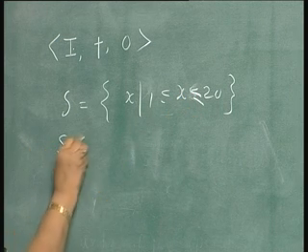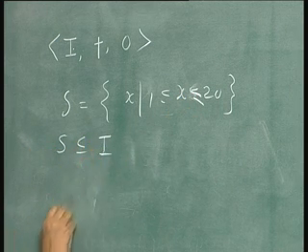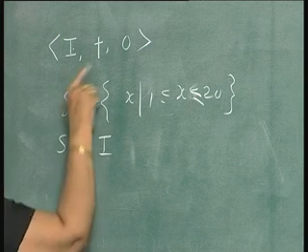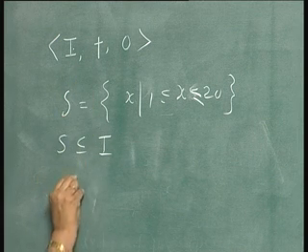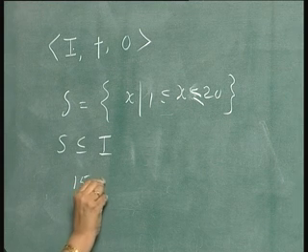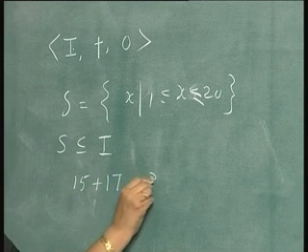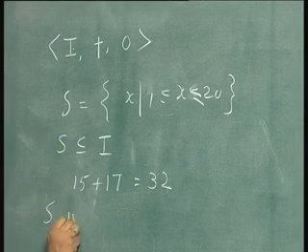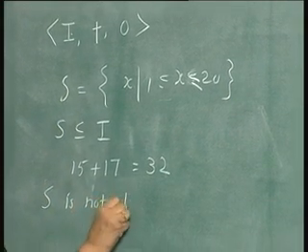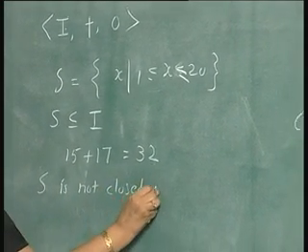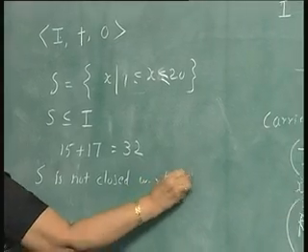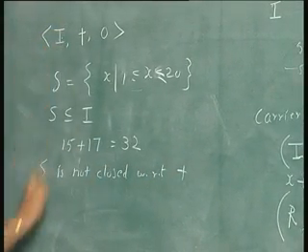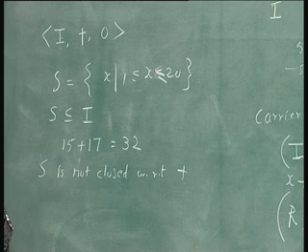So, S is a subset of I. Is it closed with respect to plus? You take 15 and 17, that gives you 32, which does not belong to S. So, S is not closed with respect to plus, whereas the original set of integers is closed with respect to plus.